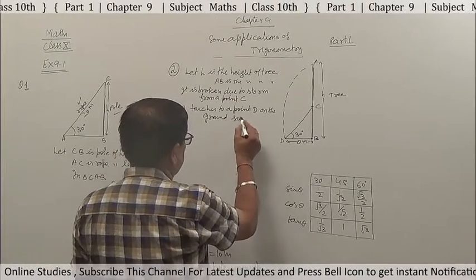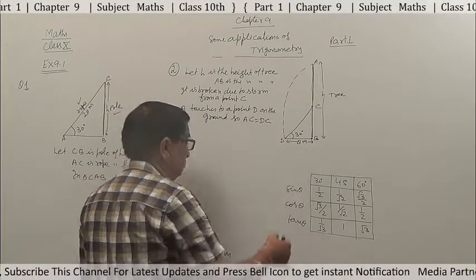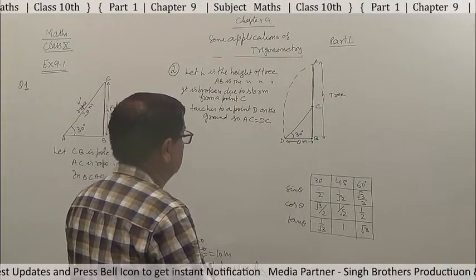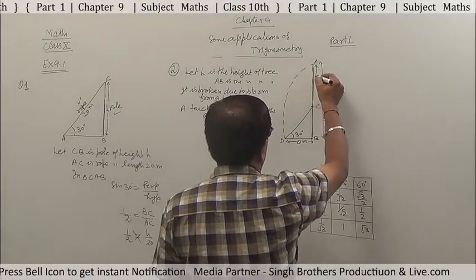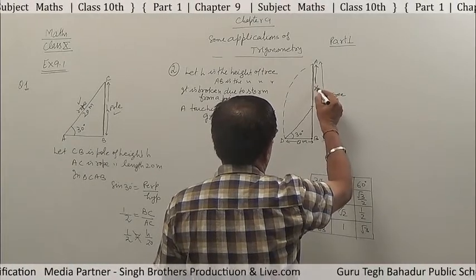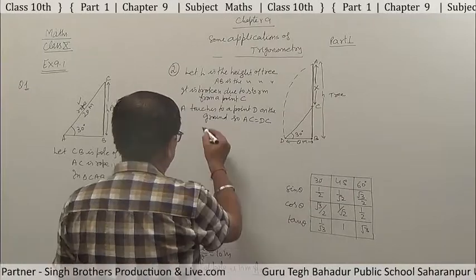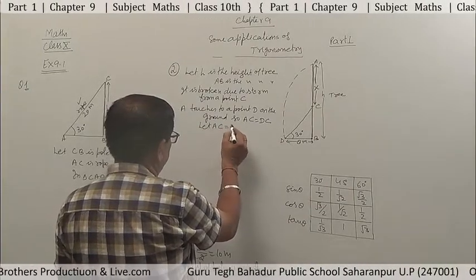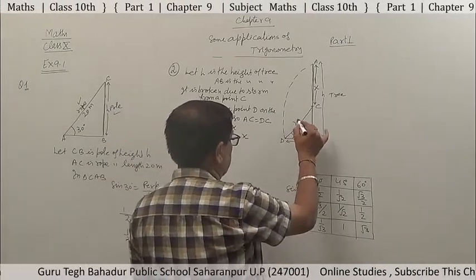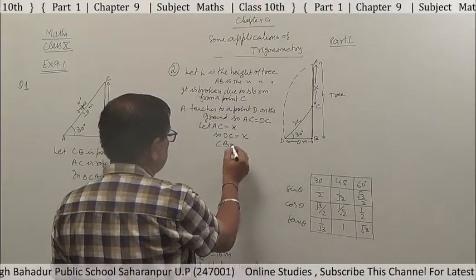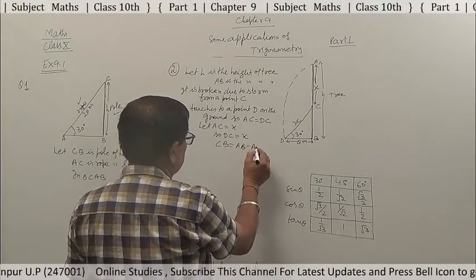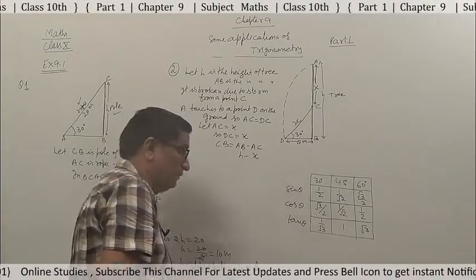So, AC is equal to DC. Let AC be x, so DC is also x. And CB is AB minus AC, so h minus x.